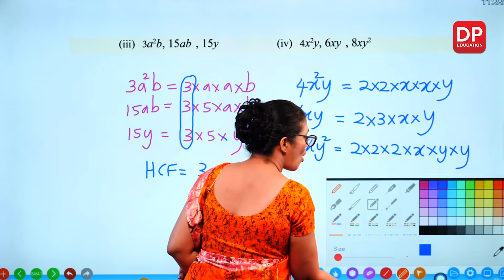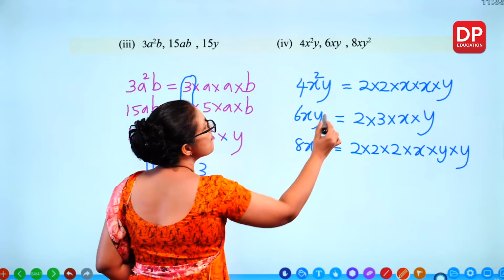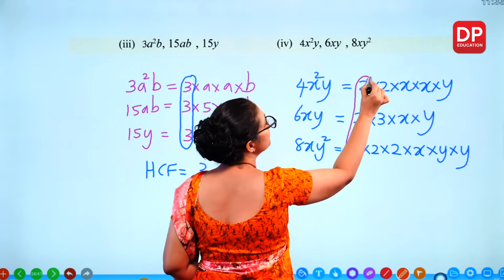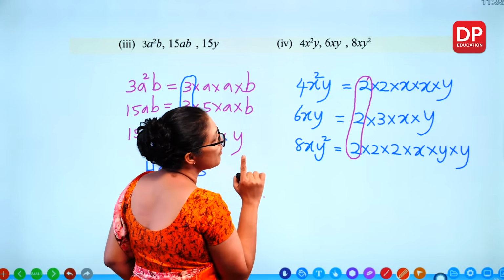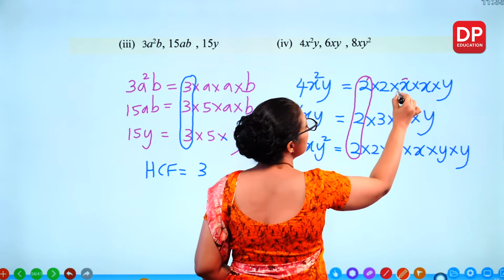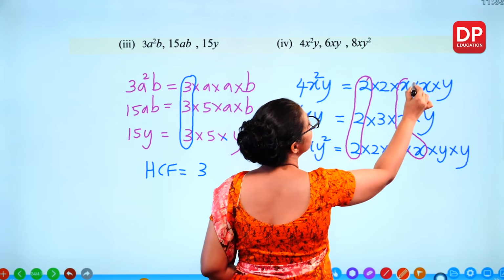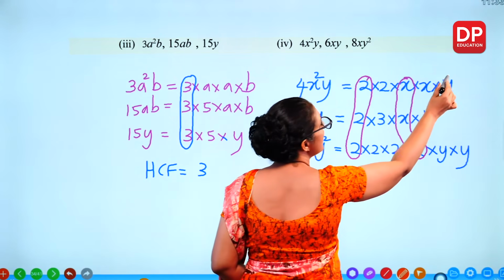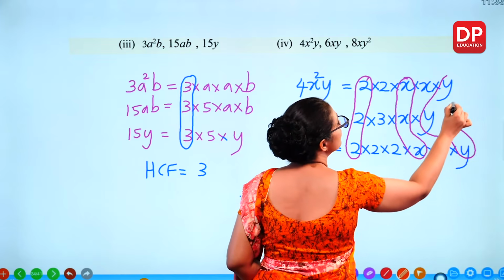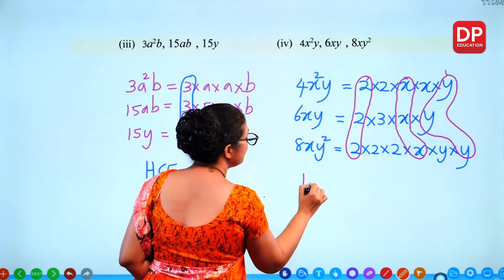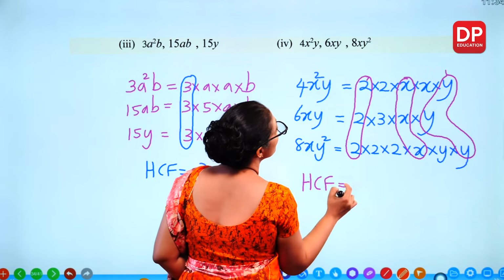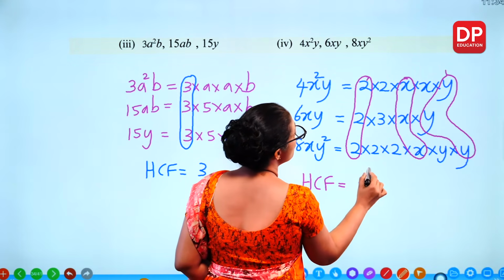Now find out the common factors. 2 is common. Another 2 is not common. What about x? Here, x is common and y is common. 1y is common. So what's the highest common factor? 2xy.